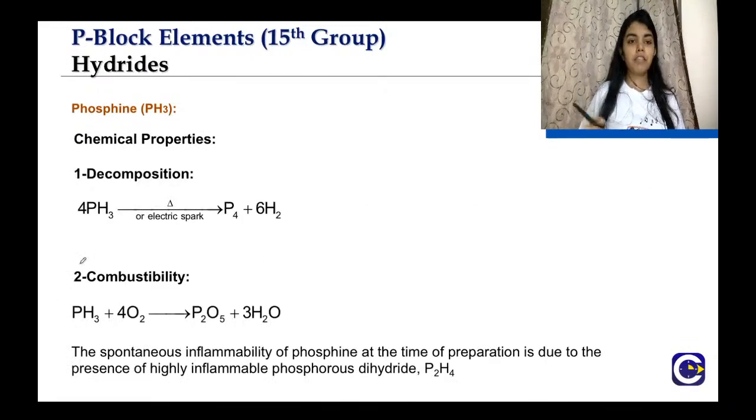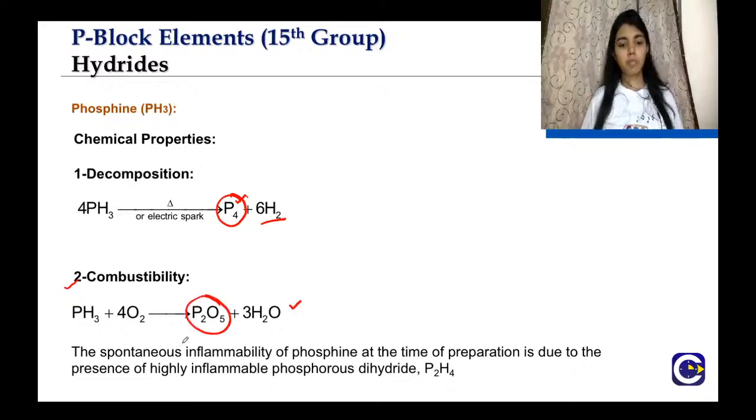Now, the chemical properties of phosphine. If you pass an electric spark through phosphine, you will obtain phosphorus P4 plus hydrogen. Combustibility: combustion means you burn the substance in the presence of oxygen. If you burn phosphine in oxygen, it leads to the formation of phosphorus pentoxide, P2O5, plus water.